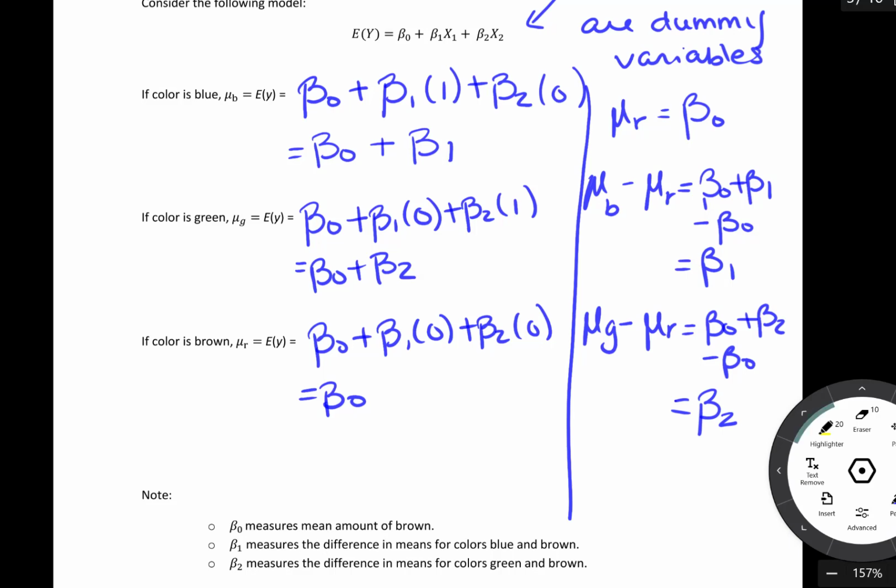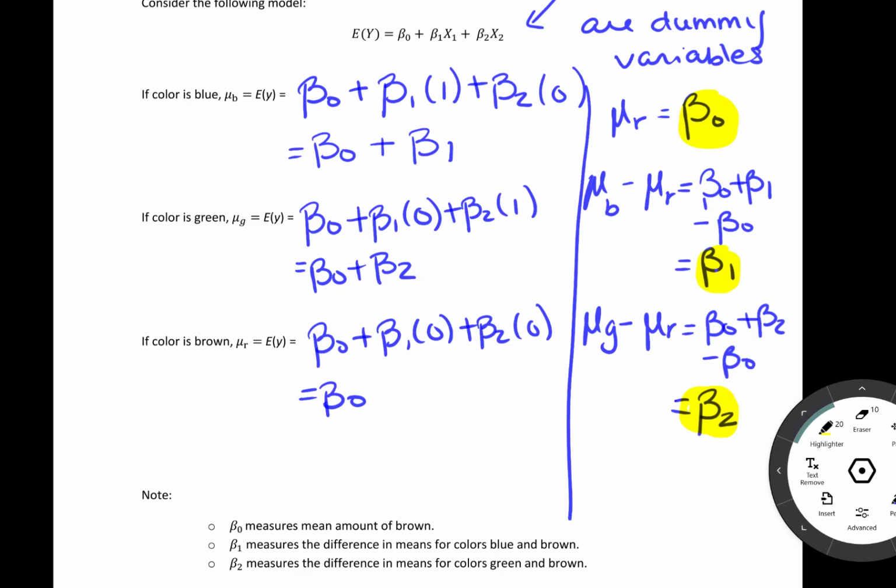So if we look here, notice that what the intercept really does is it tells us about the mean for our base case. Beta 1 is telling us about the difference between the mean for the blue and the mean for the brown. And beta 2 is telling us about the difference between the mu for the green and the mu for the brown. So in other words, beta 1 and beta 2 are comparing our other two cases to our base case, which is brown.